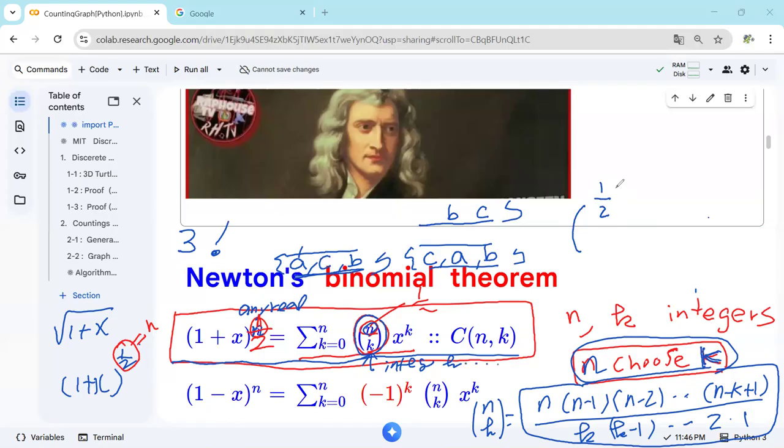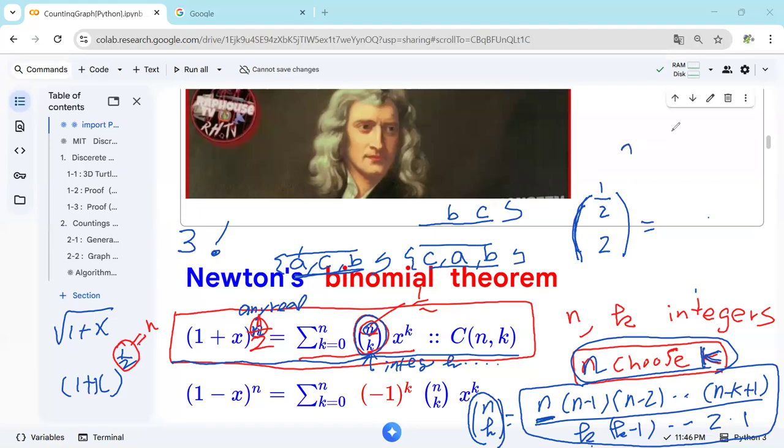Suppose k is 2. There is no real meaning for this kind of selection, but the definition is just n minus 1 up to n minus k plus 1, and the denominator is k factorial. So we just use this definition.